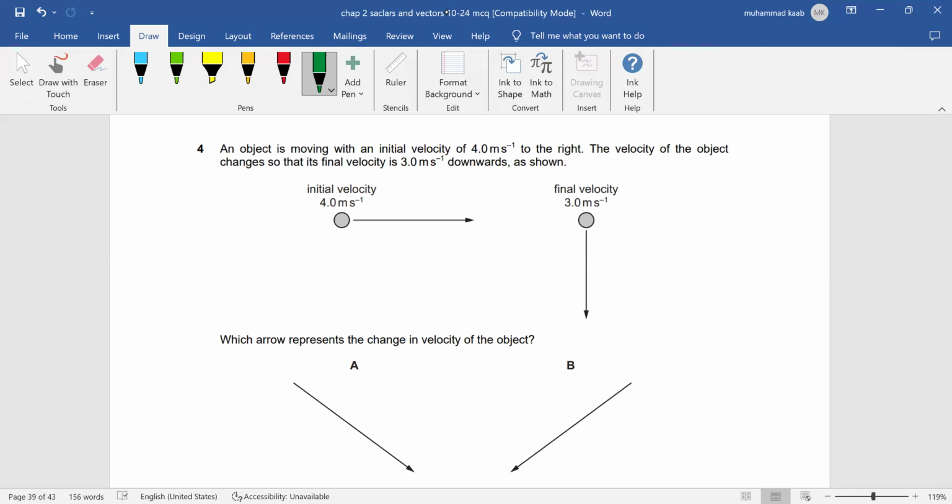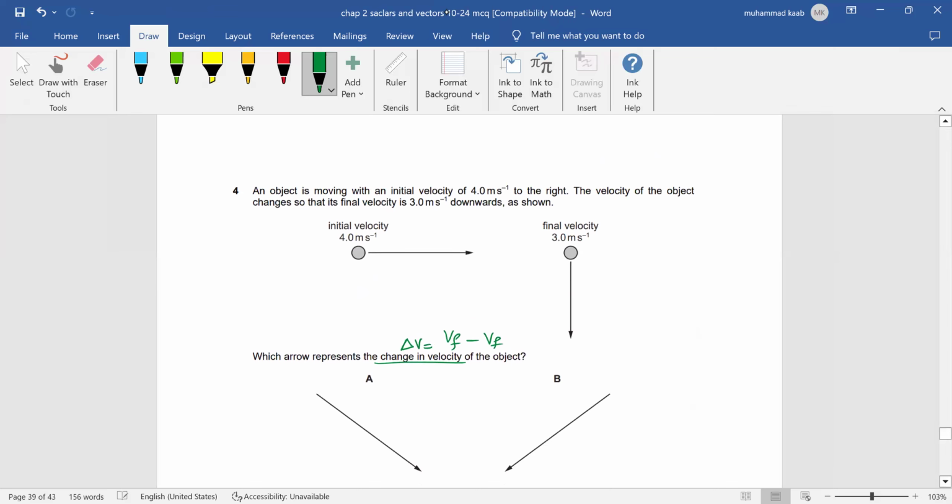They're asking the change in velocity. Change in velocity means final minus initial velocity. So this is a case of subtracting a vector.